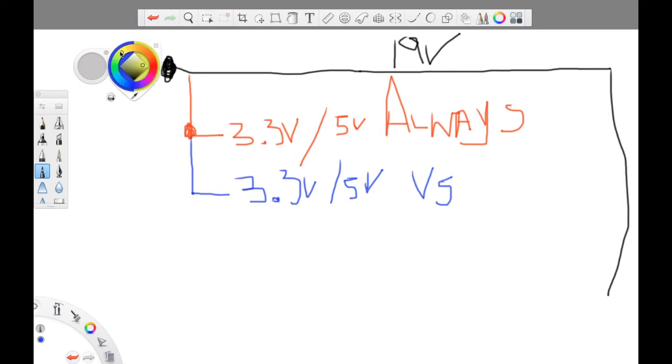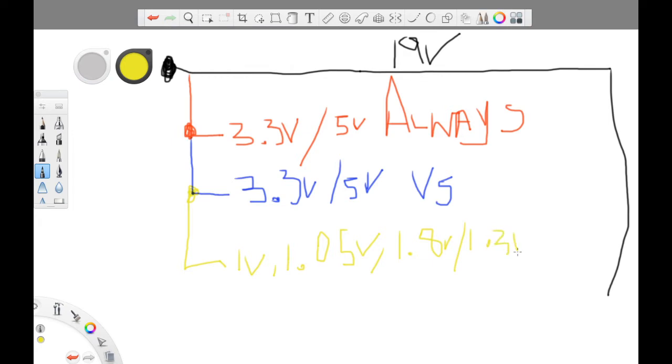Let's talk more. Let's draw another power. This one is very important. You will have 1 volt, 1.05 volts, 1.8 volts or 1.5 volts or 1.3 volts.